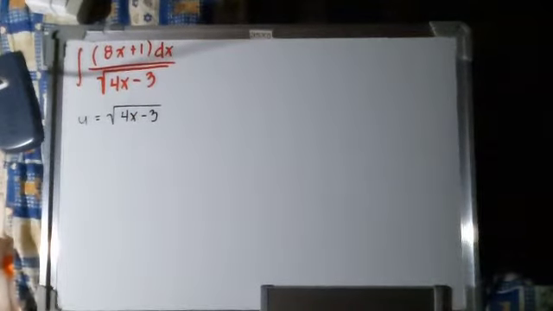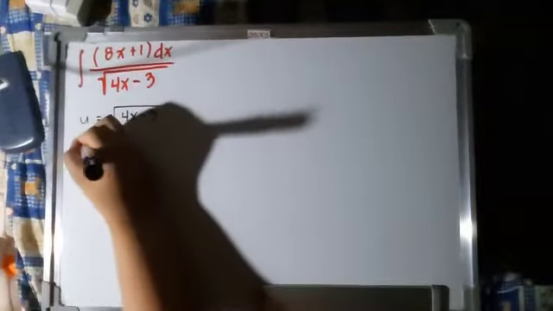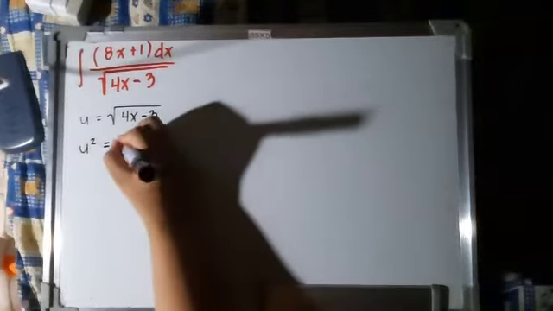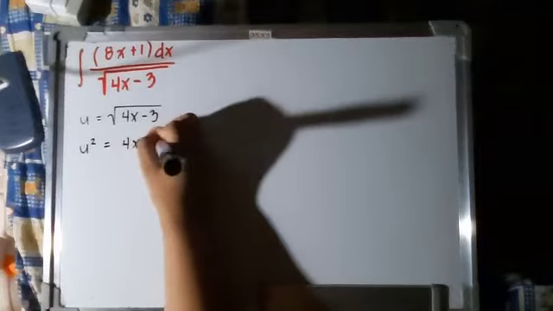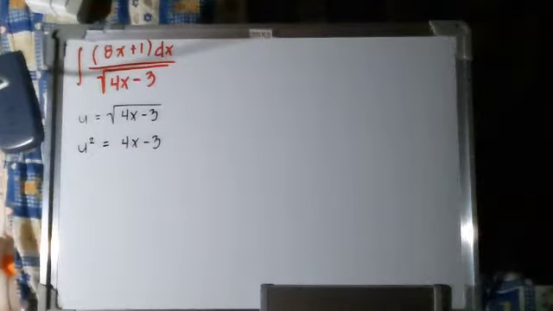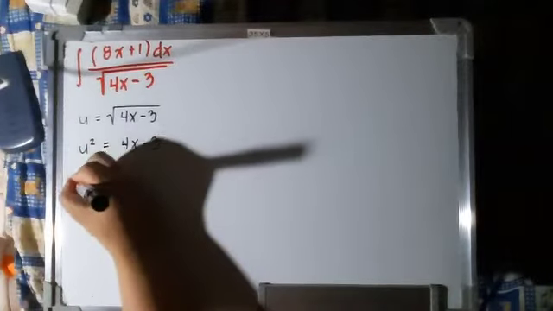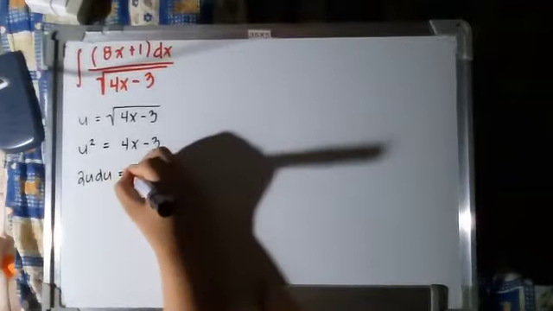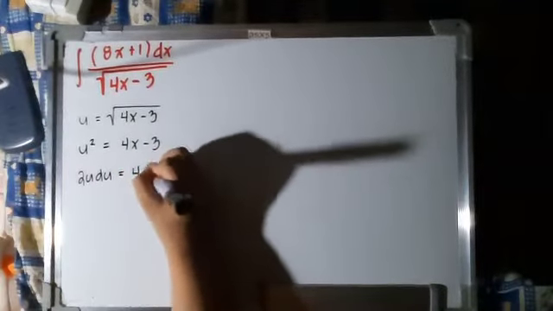So, square lang natin 'to ulit since naka-radical yan. So, this will be u squared is equal to 4x minus 3. Next, i-differentiate lang natin both sides. So, this will be 2u du is equal to 4 dx.